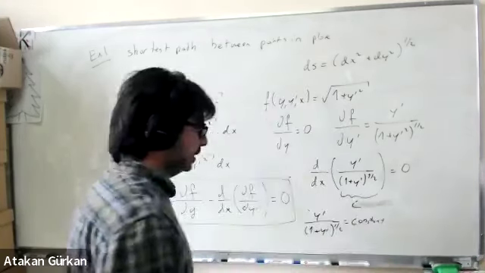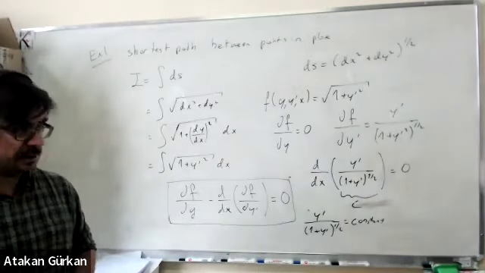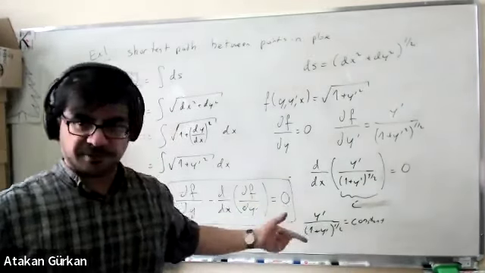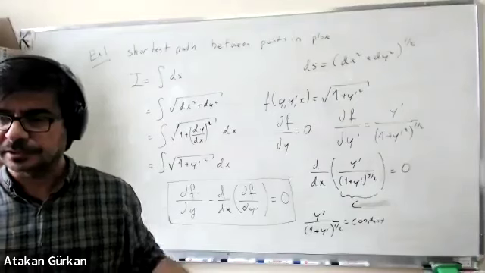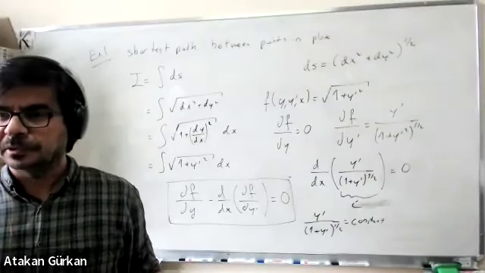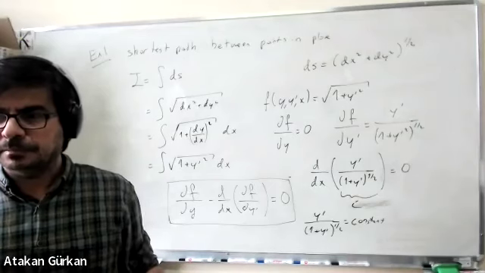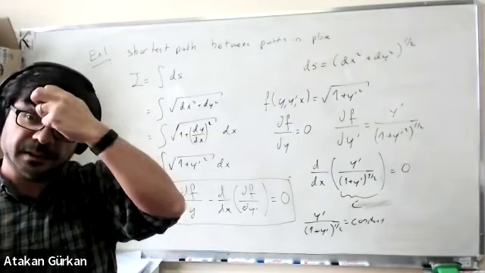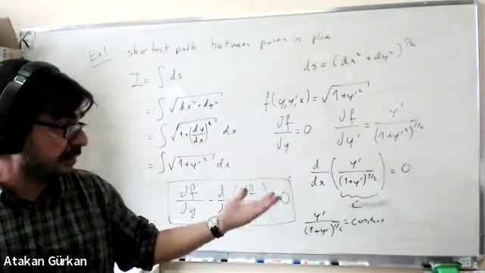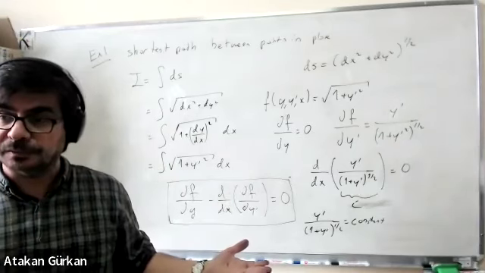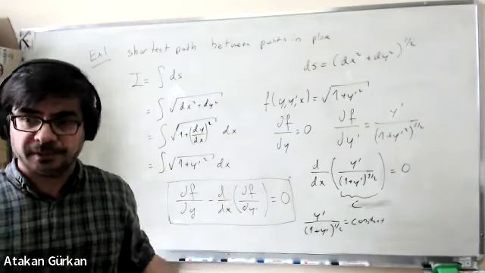Now, the only way this is a constant is if y prime itself is a constant. This is a function of y prime, and it's not a constant function. It depends on y prime. The only way that this will be a constant, not depending on x or the independent variable, is if y prime, in fact, is a constant.